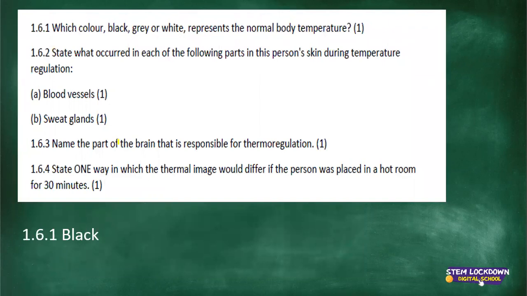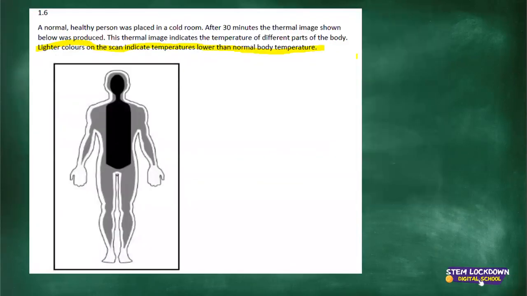1.6.2. State what occurred in each of the following parts in this person's skin during temperature regulation. A, what happened with the blood vessels? And B, with the sweat glands. So we are focused on this person's skin during temperature regulation. Let's look at the skin.